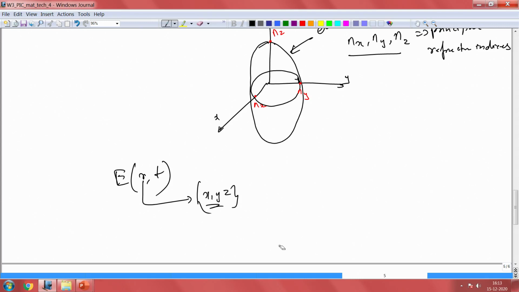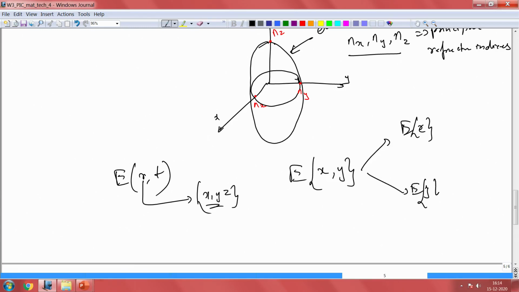So you could decompose your wave into two components, x and y.